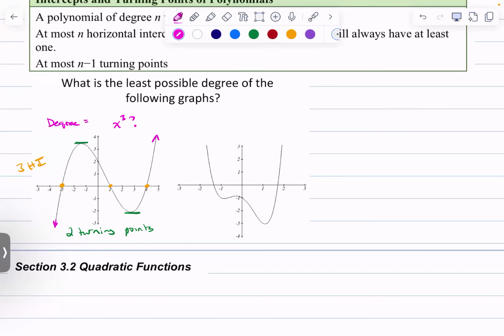Degree 3. There's clearly some other terms in the polynomial, an x squared or an x or a coefficient, adding some short-term behavior. But the lowest possible degree that I would expect here would be degree 3.